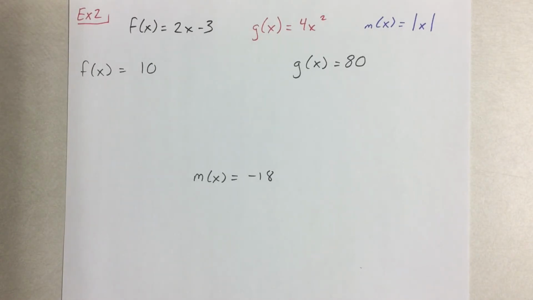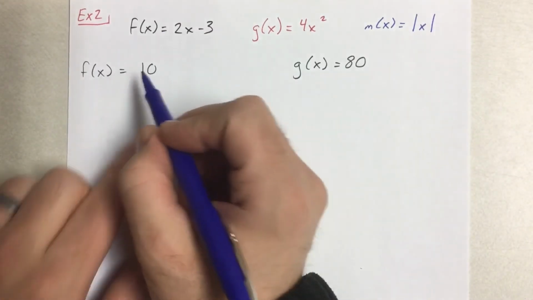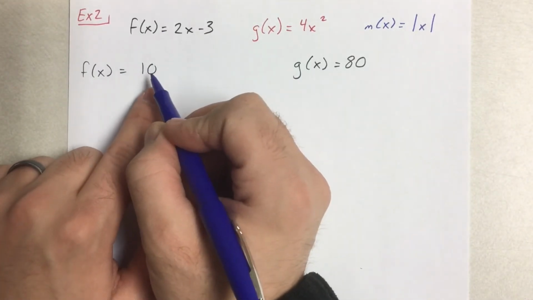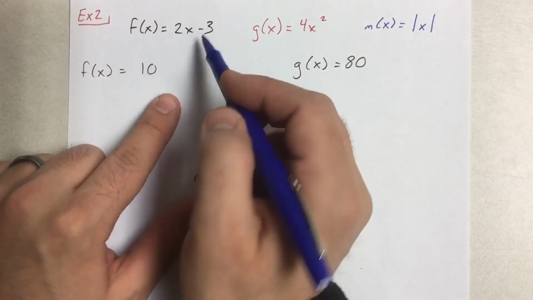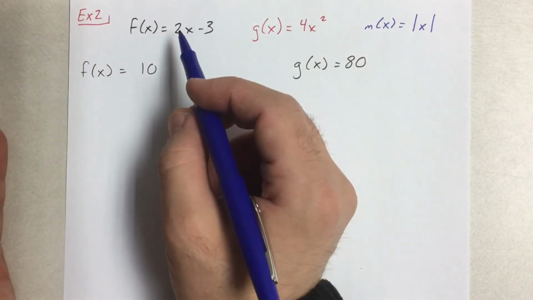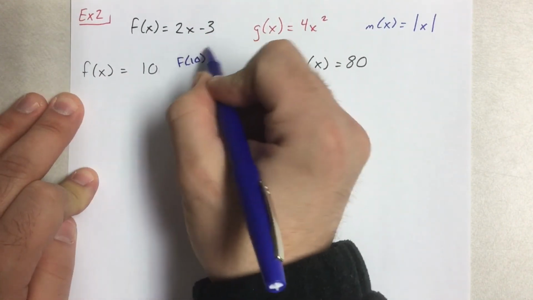Some don't recognize it. The difference here is that with the notation given, yes, it's written differently. The input is not 10. Many see this and just want to put 10 into x and solve it like you would the other one. So this is not f of 10, okay?